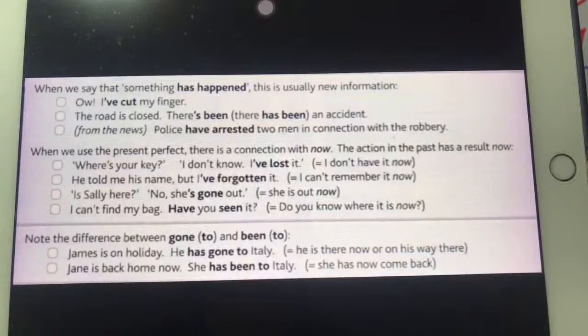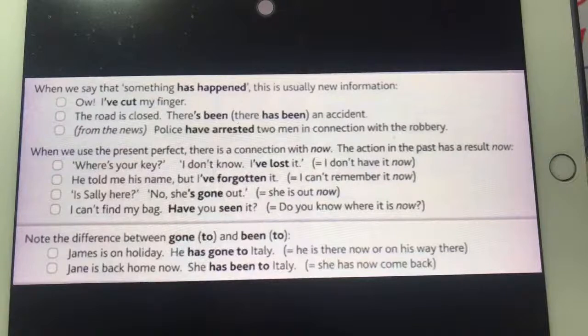For example, oh, I've cut my finger. Number 2, the road is closed. There has been an accident. For the news, police have arrested 2 men in connection with the robbery. Okay, again, what's important here? Okay, it has happened recently. Saikin. Okay?